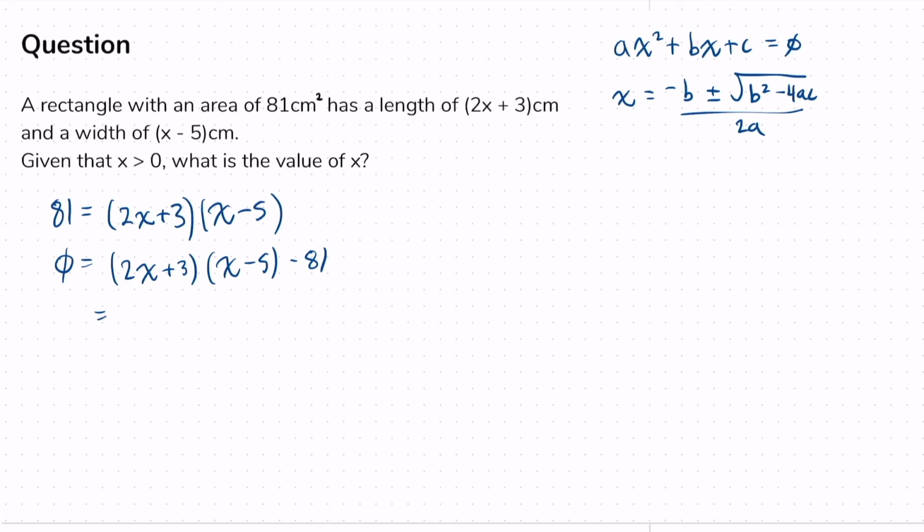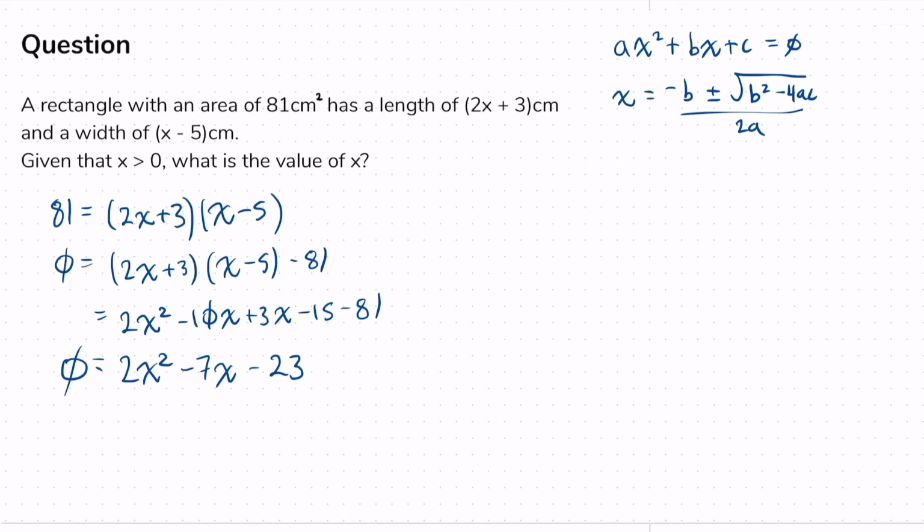I'm going to expand these brackets out. I'm going to simplify. And now I'm going to try and factorize it again.